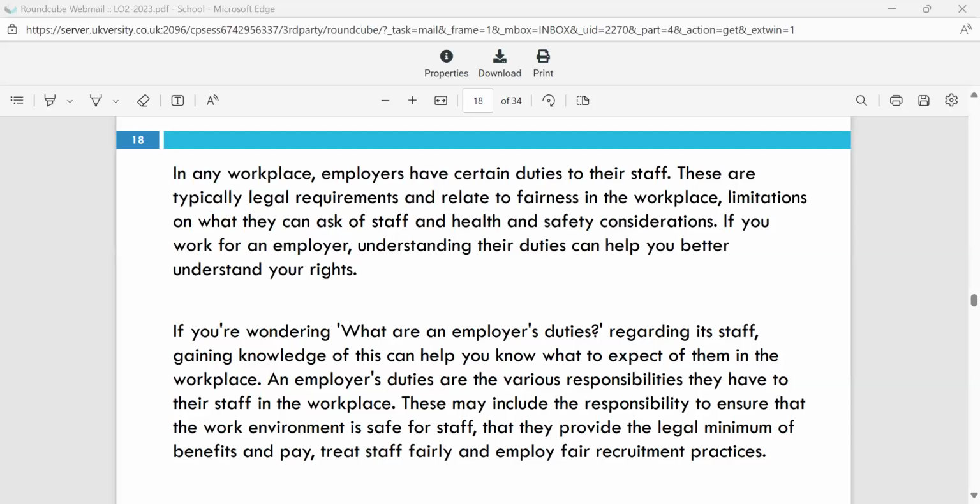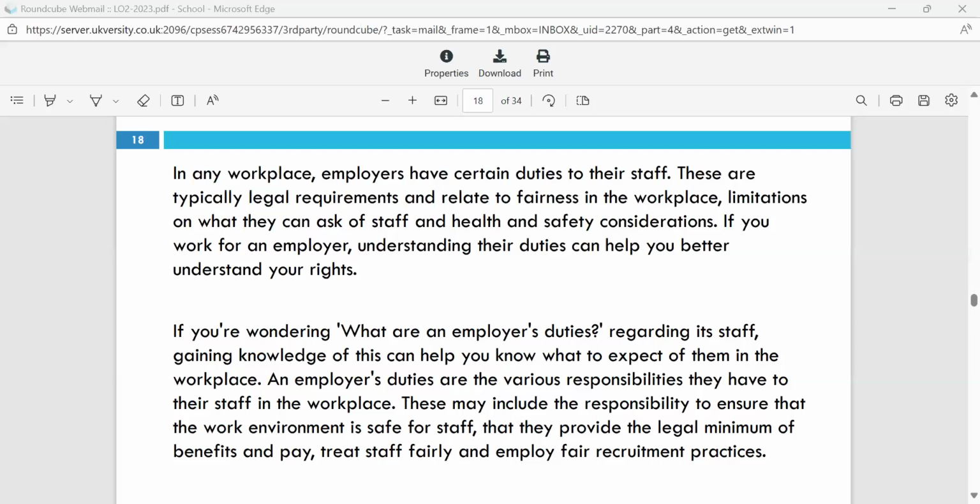And they also need to give employees a written statement of their employment terms. They need to follow all the relevant legislation, and they need to contact HMRC as well. And they need to look at whether employees want flexible working hours. They need to take that into consideration.